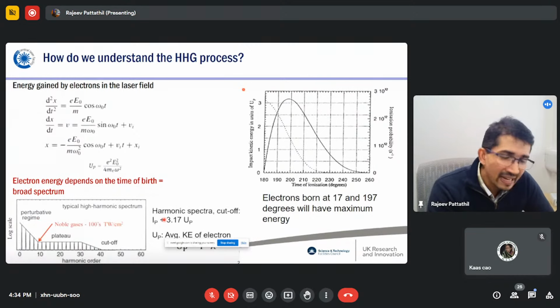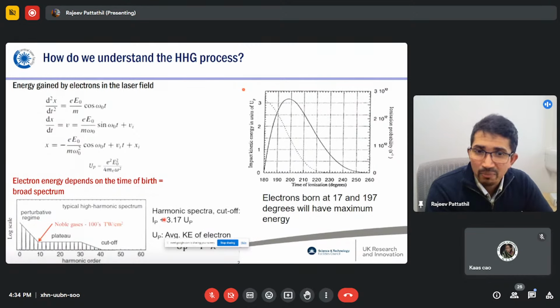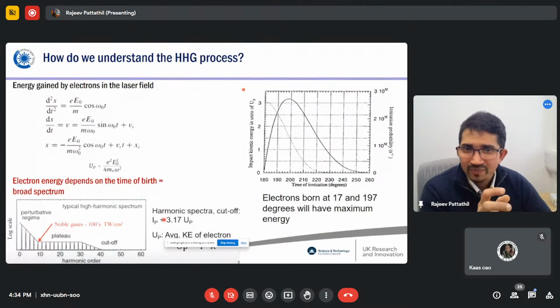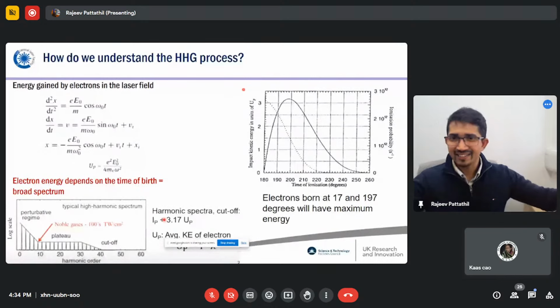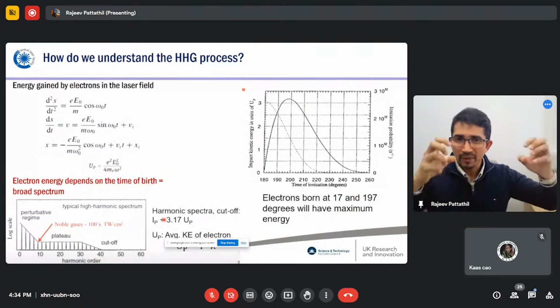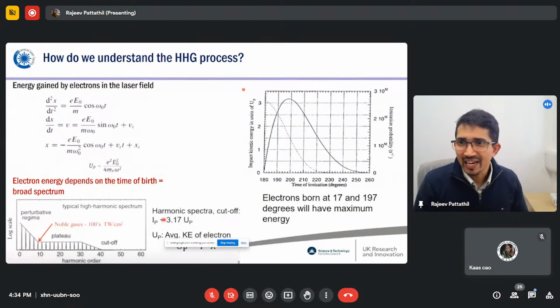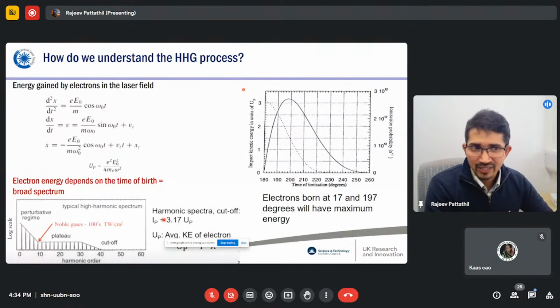So this was the key idea that Paul Corkum brought in to understand this. Now, because the electron is born not during the entire cycle, but at certain parts of the sub-cycle, this naturally becomes an attosecond phenomenon. So this is where the first attosecond glimpse comes in.